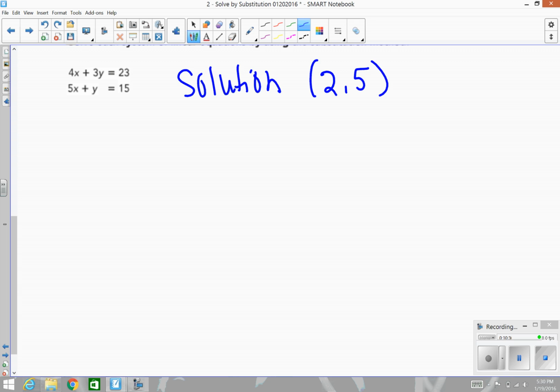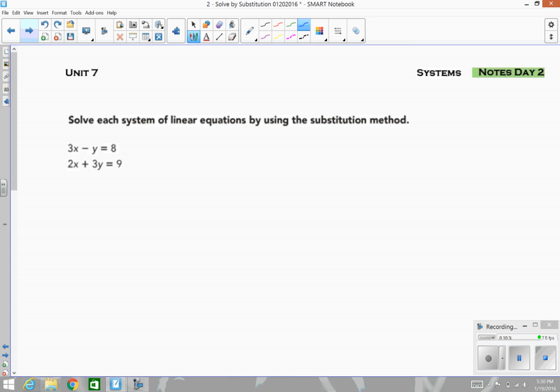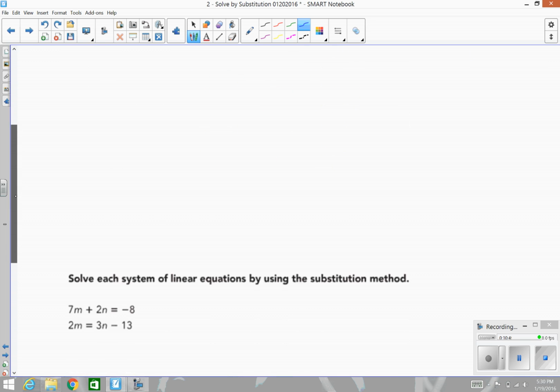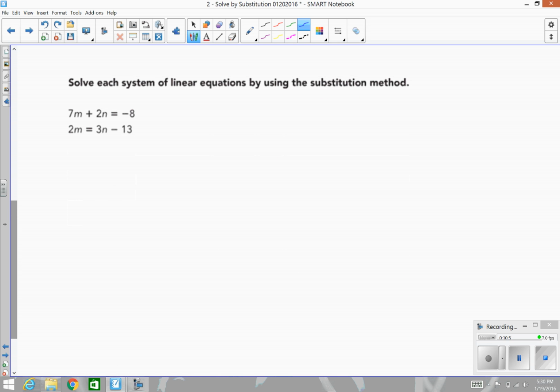On the next page, the solution is (3, 1). And then I'm going to warn you, this one is a little yucky. You're definitely going to want to clear your denominators, but you should get a nice answer. Your solution here should be (-2, 3).